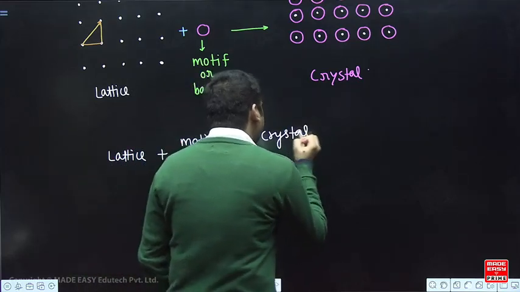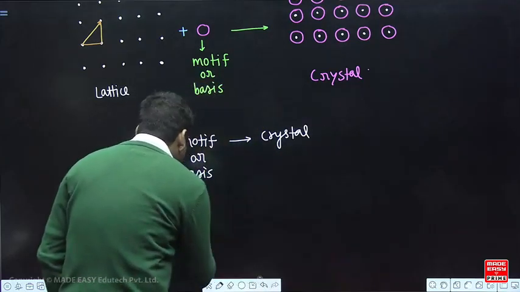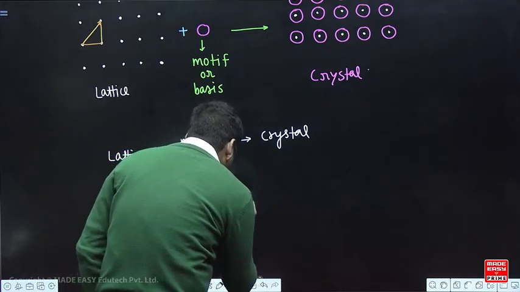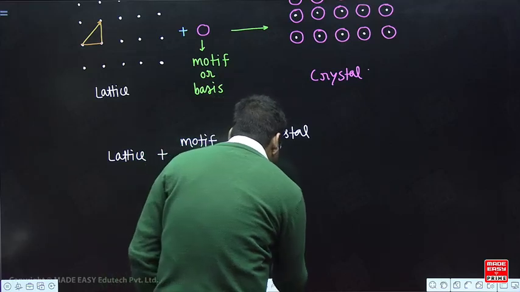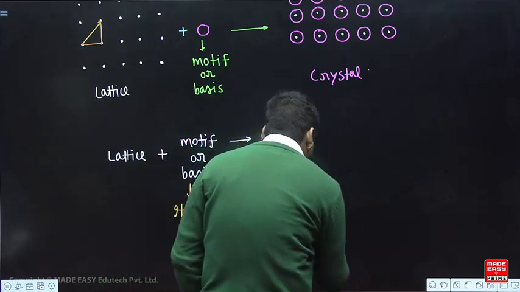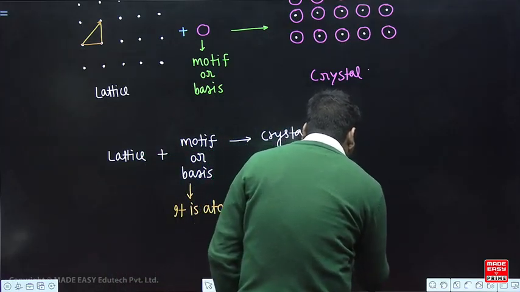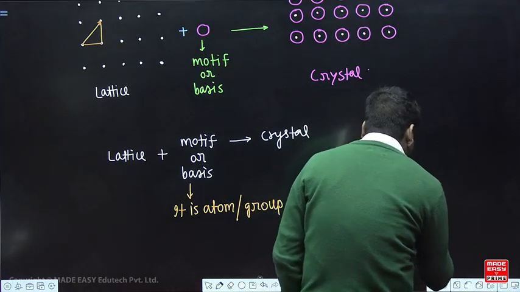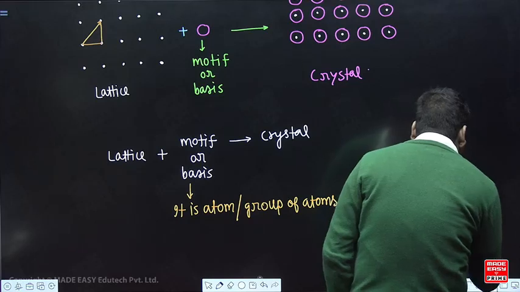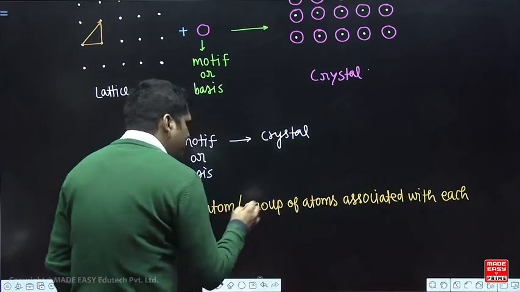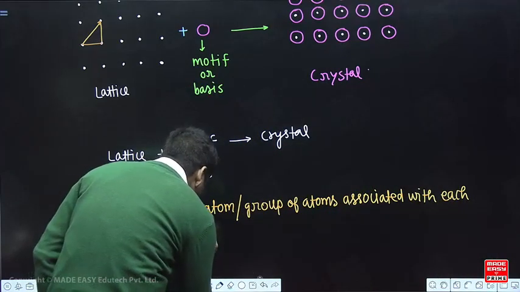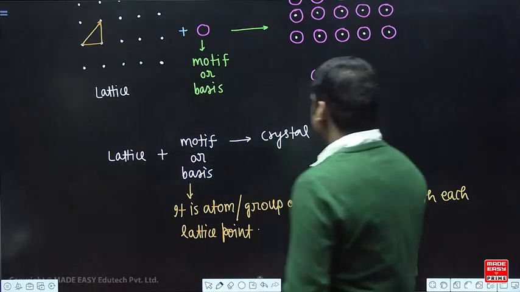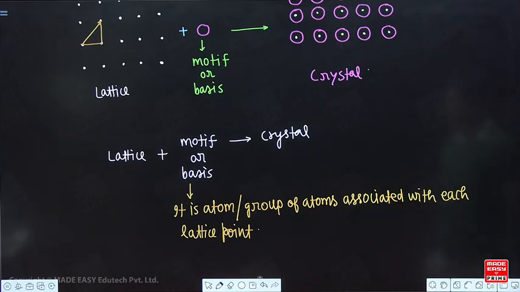What is motif or basis? It is an atom or group of atoms associated with each lattice point.